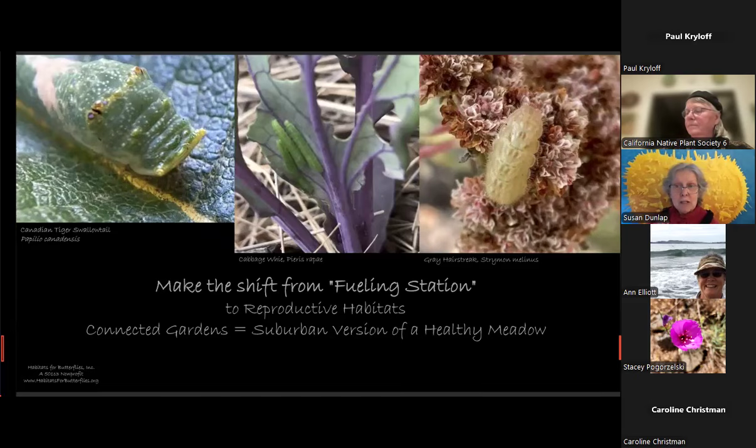When host plants are added into this network, gardens shift from being fueling stations to reproductive habitat. If many gardeners do this across multiple neighborhoods within the migratory range of Northern California butterflies, we begin to transcend the capacity of unmanaged wild meadows.